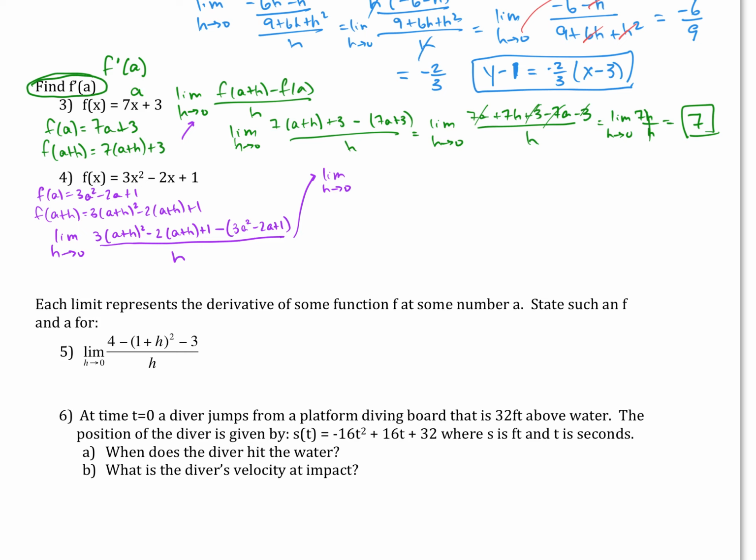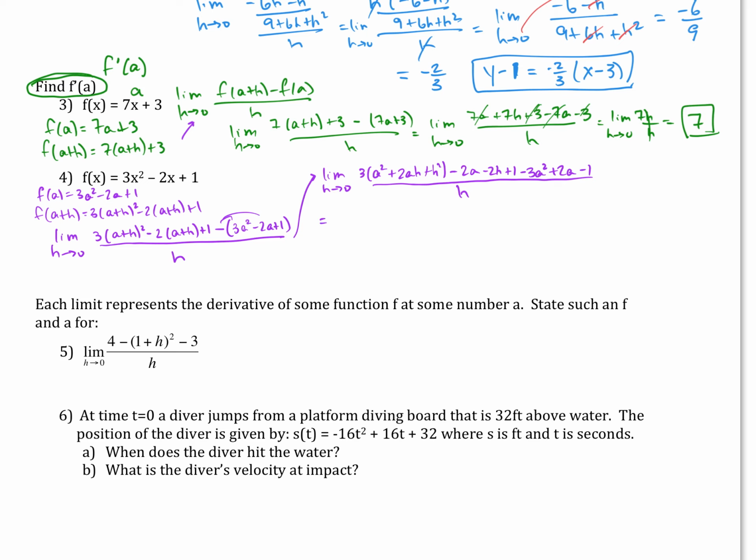So this becomes 3 times a squared plus 2ah plus h squared minus, and I'll combine these right here, 2a minus 2h plus 1 minus 3a squared plus 2a minus 1 all over h. So I went ahead and distributed that negative over there.